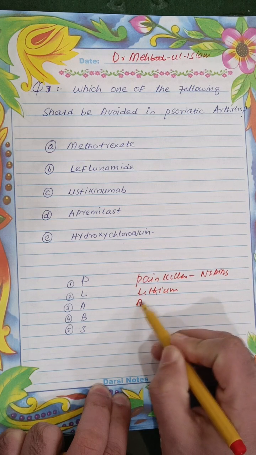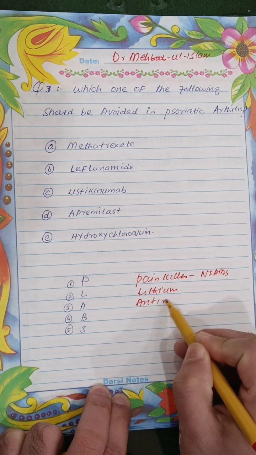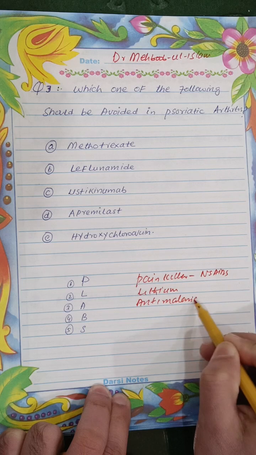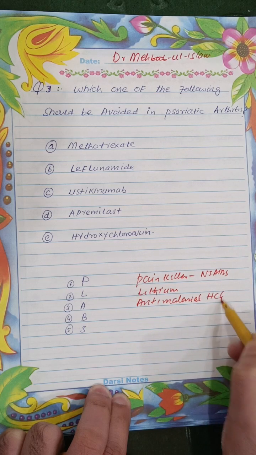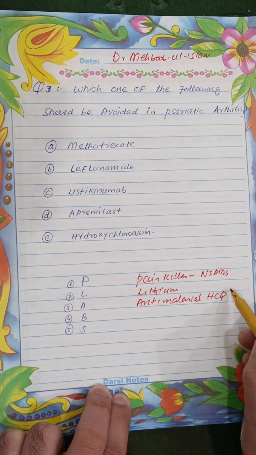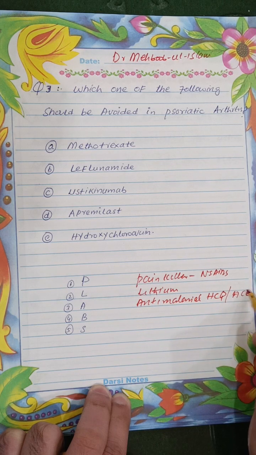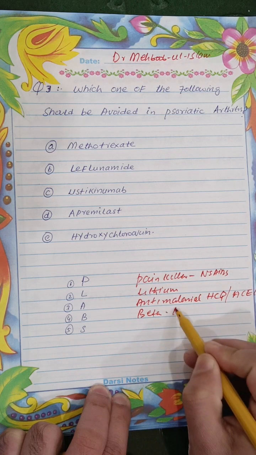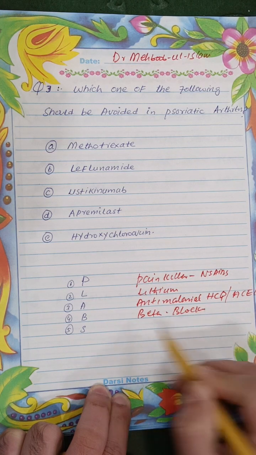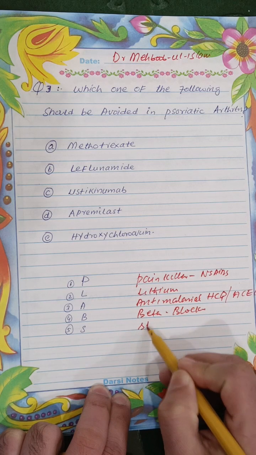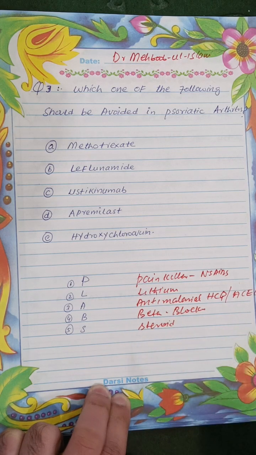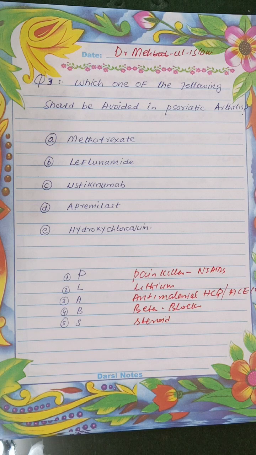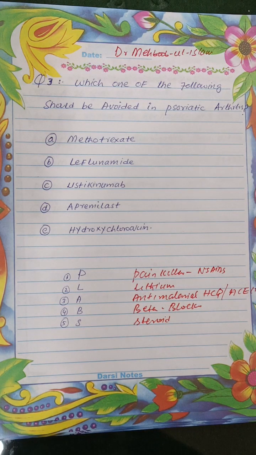A means antimalarial, like hydroxychloroquine, and ACE inhibitor. B means beta blocker. S means steroid. So this is the mnemonic for the drugs which should be avoided in psoriatic arthritis.